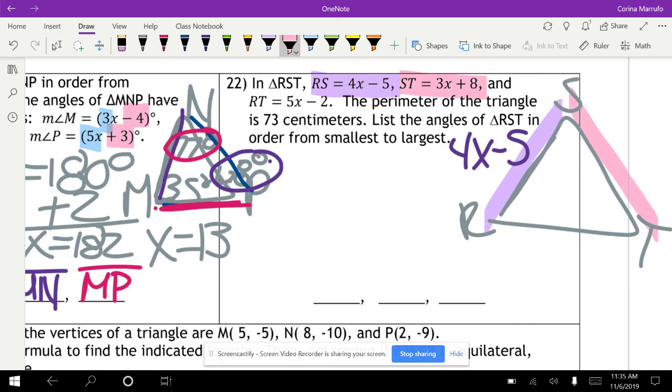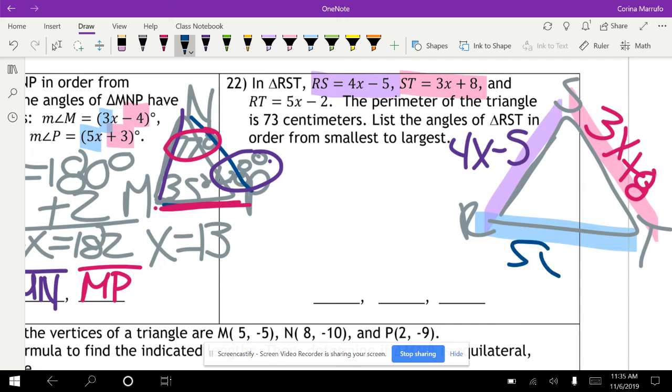So from S to T is 3x plus 8. And then last is R to T. RT is 5x minus 2.